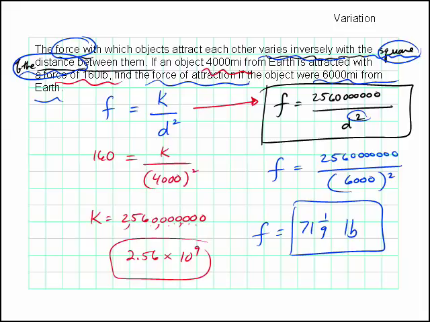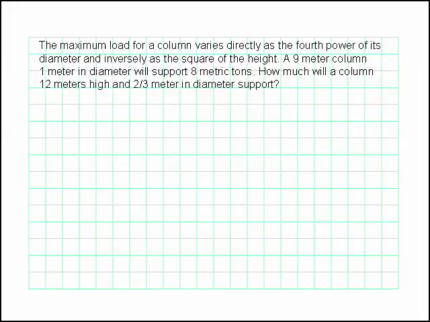All right, so there's another example of inverse variation, and this one was inverse variation with the square. I believe we have one more example. The maximum load, so L for load, the maximum load for a column varies directly, so that's k times, if you recall, what does it vary directly with? 4th power of the diameter.